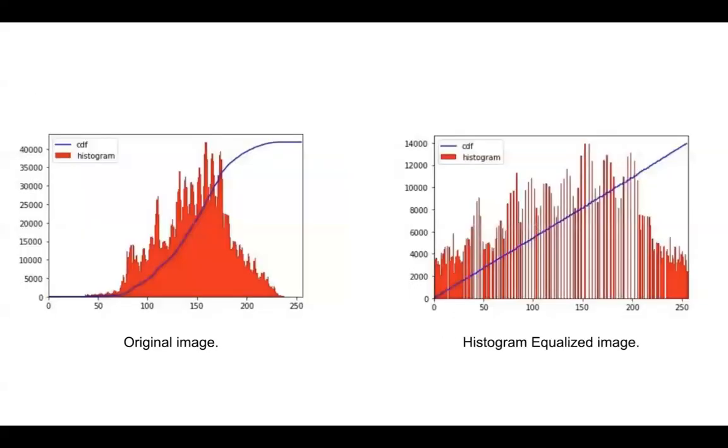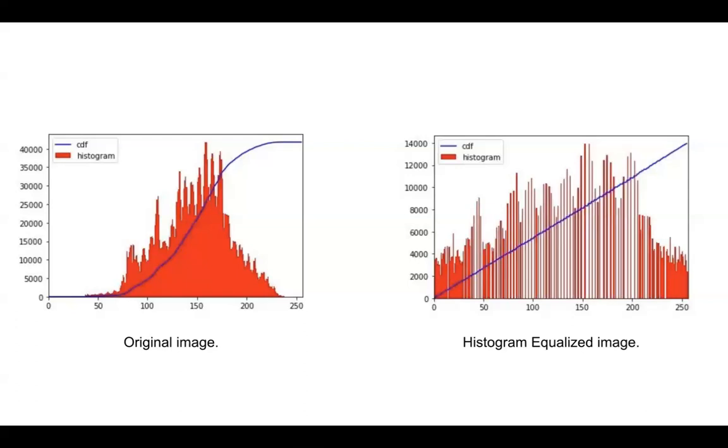Let's say this is the original image, the red lines are the histogram of the original image, and these blue lines are the CDF, or cumulative density function, of the image. After histogram equalization is applied, everything will be evenly spaced and distributed uniformly across the intensity range. In histogram equalization, the CDF always tries to be a straight line.